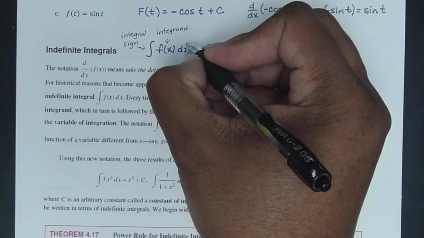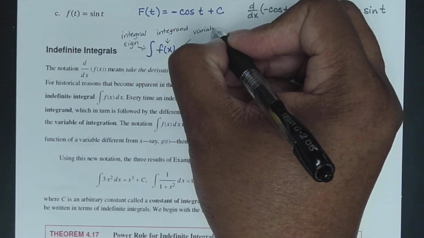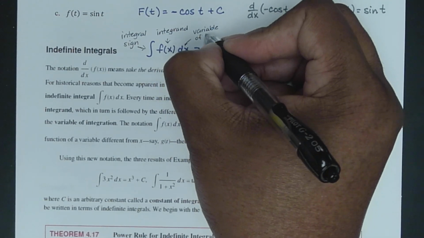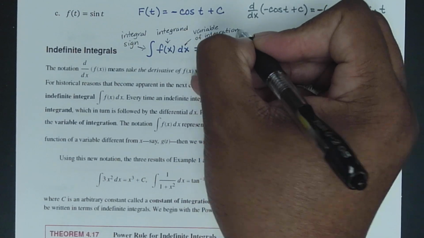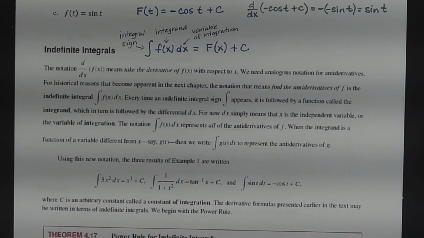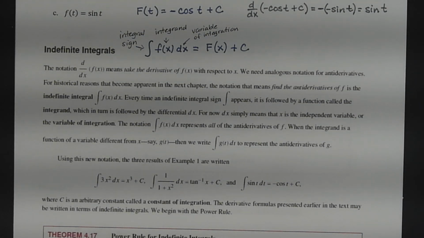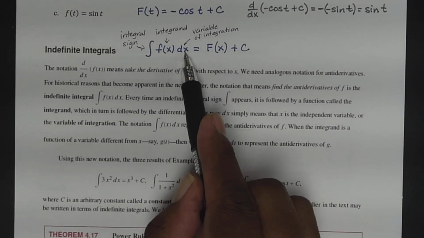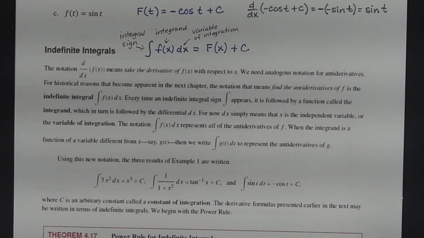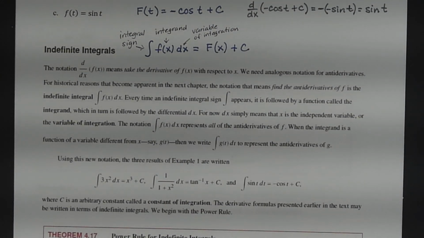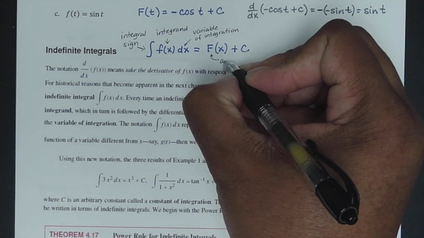And then dx, in this case, represents the variable of integration. And it's not necessarily restricted to just x or dx. It could be dt, it could be dv, or it could be dr, or whatever. Because these two are the same. If this is x, then they use dx. If it's a t, then it'll be dt. The capital F of x, we call that the antiderivative.